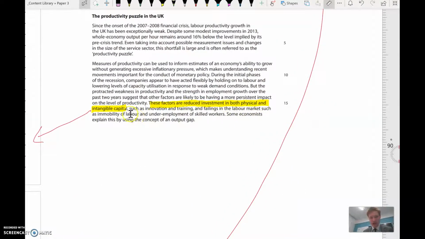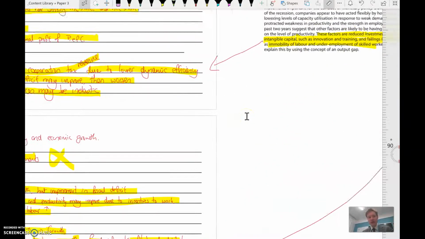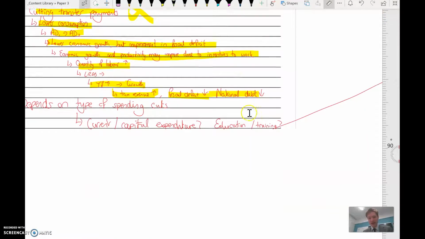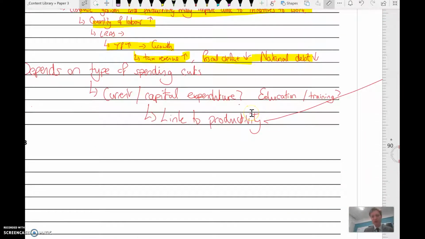And we also see down here innovation and training, failings in the labour market, immobility of labour. Okay, so that is an issue. Therefore, we can say that as a result, we could link back to productivity, and productivity could be one of the reasons for a fall in productivity if we cut capital expenditure, education and training, and therefore future tax revenue.